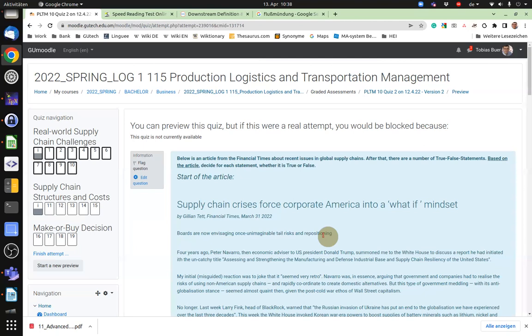Of course, the purpose of these articles was to give you a first understanding of what a supply chain is, and what is related to supply chain management. What are current challenges in supply chains in individual countries or in individual industries or all around the world.